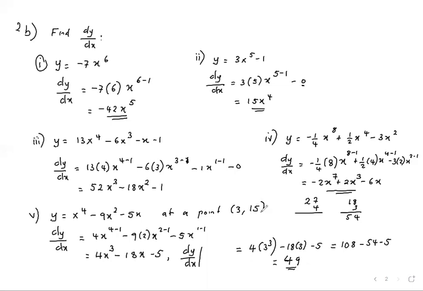The initial (3, 15) is for y, not for the derivative. The derivative gives us the gradient. So the gradient at that point is 49. Though we don't name them gradients yet, we'll talk about the gradient term later.